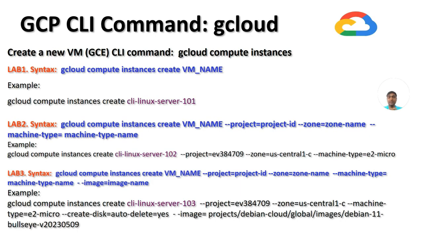As you can see here, in multiple ways you can create your new Linux server or VM based on your requirement using gcloud commands. Guys, I'll show you in the lab how to create a new Linux server or VM in multiple ways using the gcloud compute instances command.